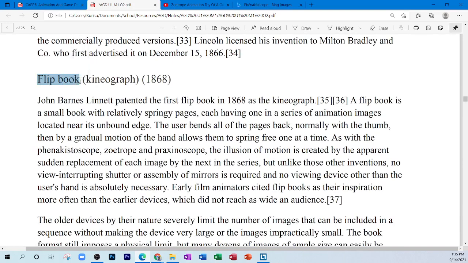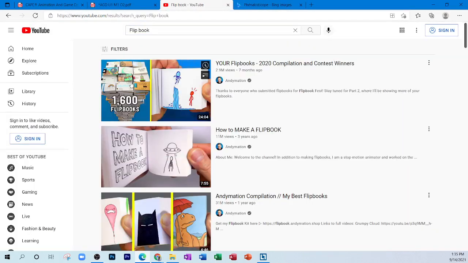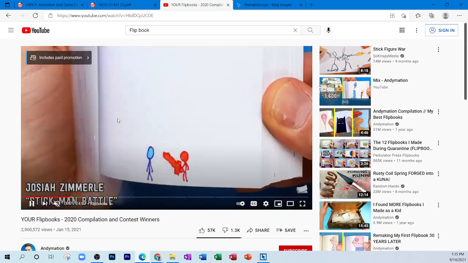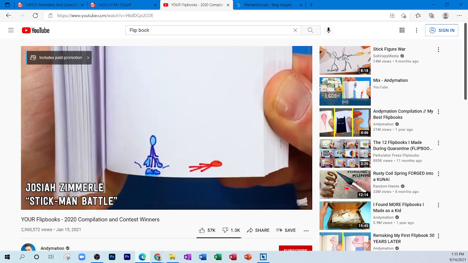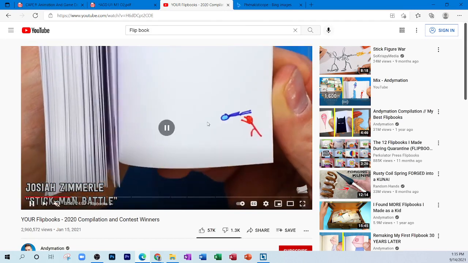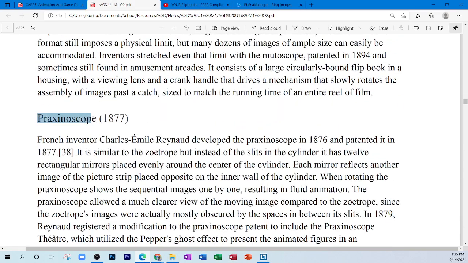Flip book. Well, we all should know what is a flip book. It's basically a series of drawings on the pages of a book, and you go through the entire book, flipping page by page, and you get animation here. The Kinescope.